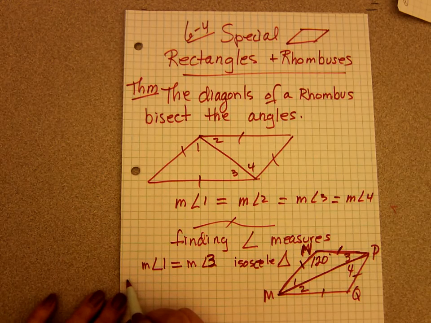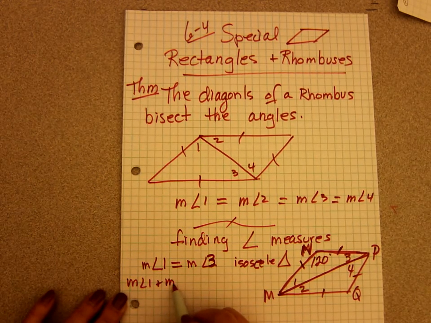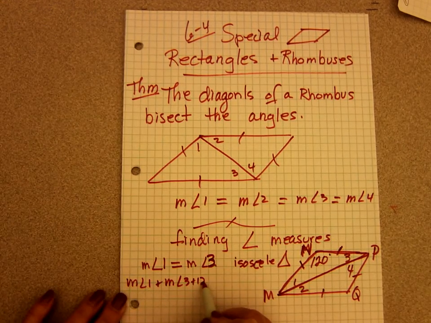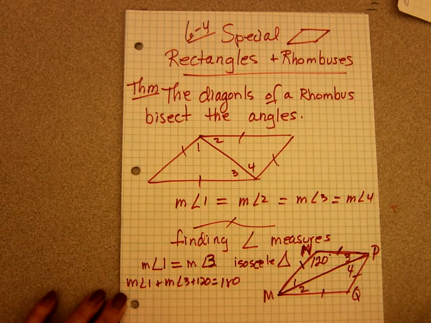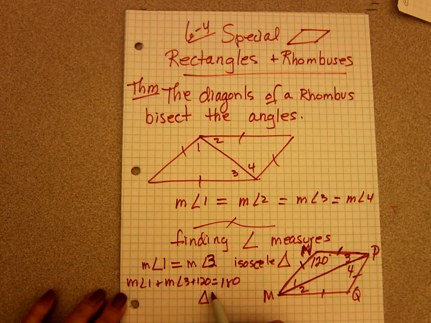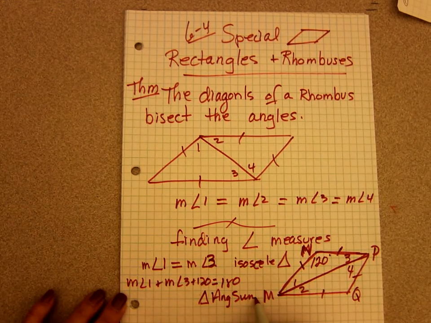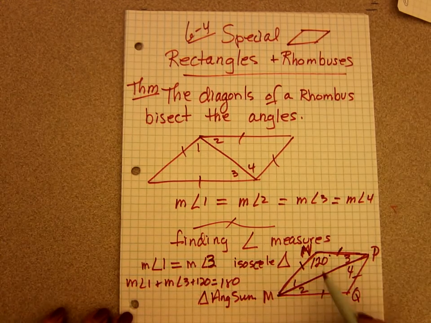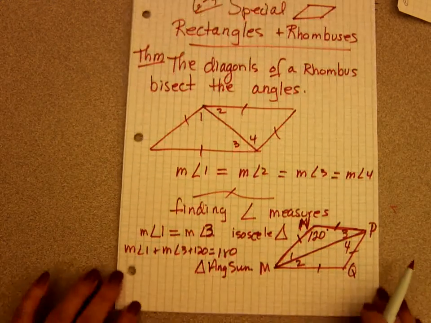Then I'm going to say measure of angle 1 plus the measure of angle 3 plus 120 equals 180. Why can I say that? I'm going to write it underneath here. I'm running out of room. Triangle angle sum theorem. Remember? 3 angles in a triangle equal 180.